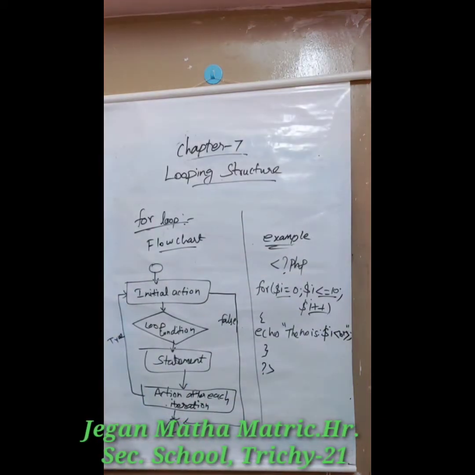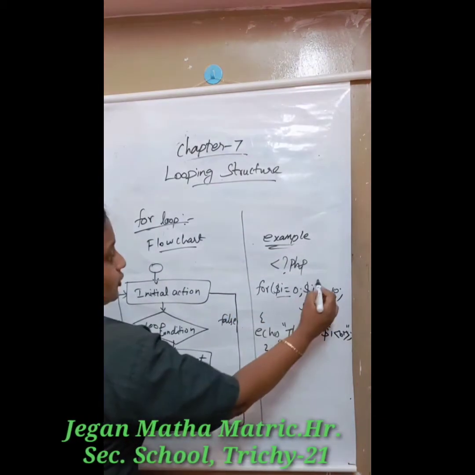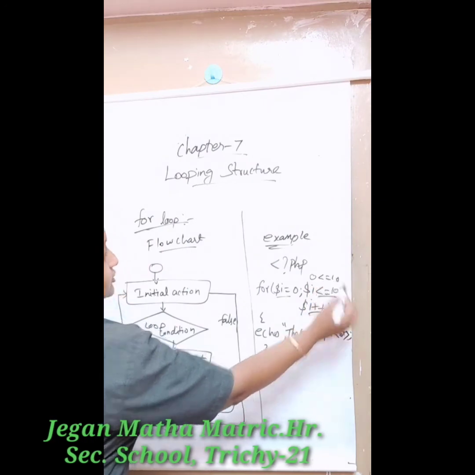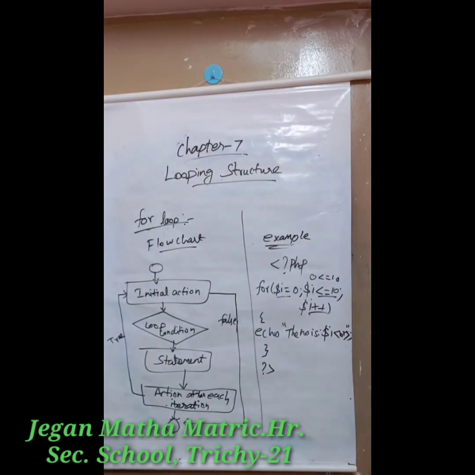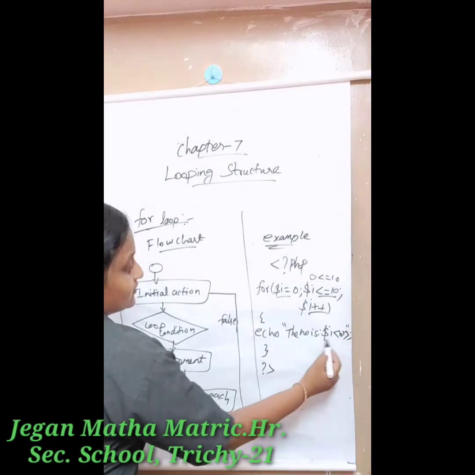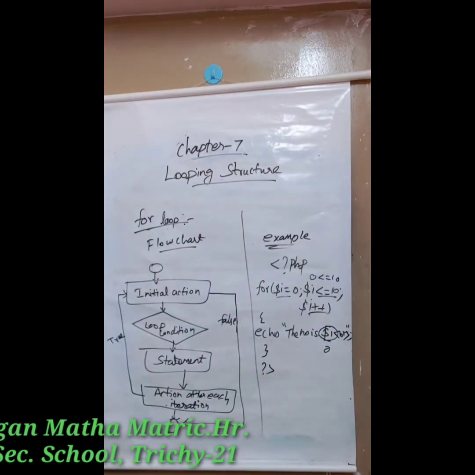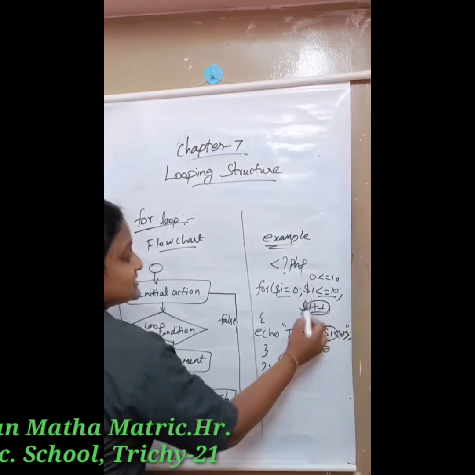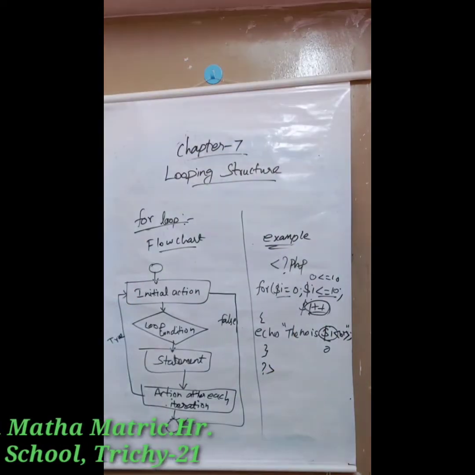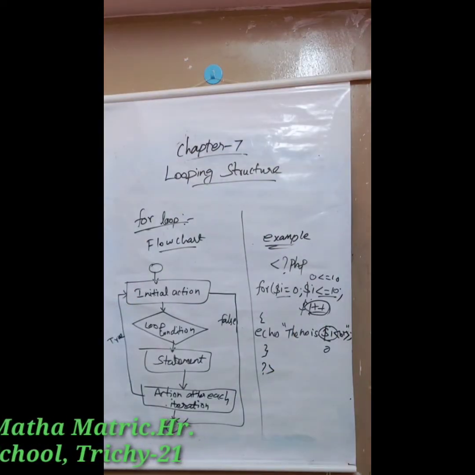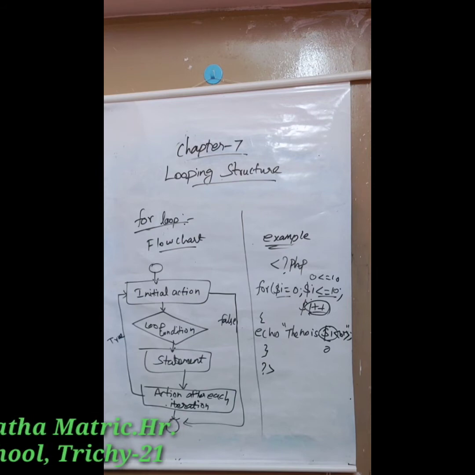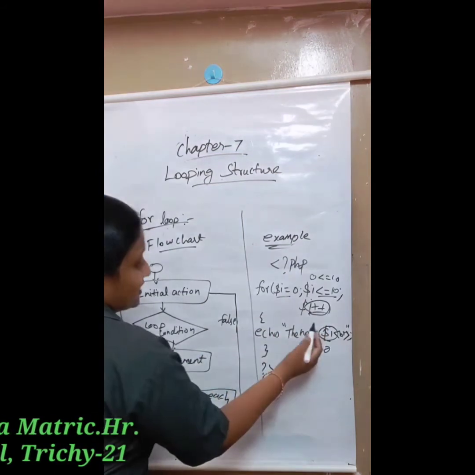The first time, the value of i is 0. 0 is less than or equal to 10, so the condition is true and it prints the number, which is 0. After that, the increment part increases the value: i plus plus means adding 1 to i, so 0 plus 1 is 1.